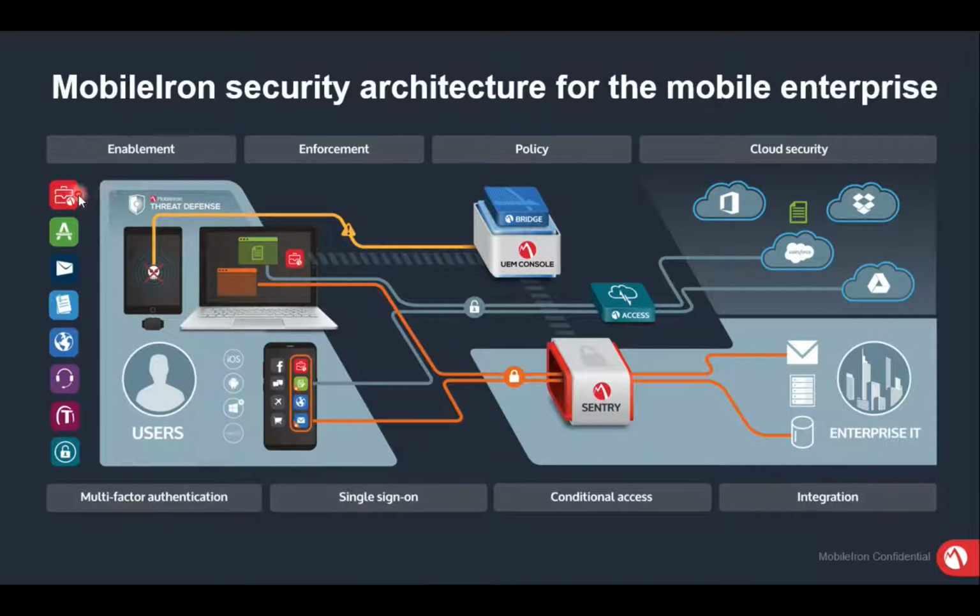Within a single application, you will have both. It will serve as both the EMM client and the MTD agent. Okay, so this is a very brief overview of the MobileIron architecture. If you have any questions, you can put them in the Q&A. I'll try my best to answer at the end of the session.